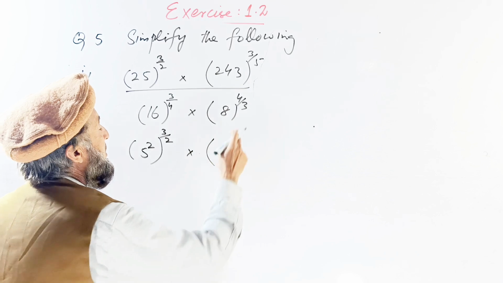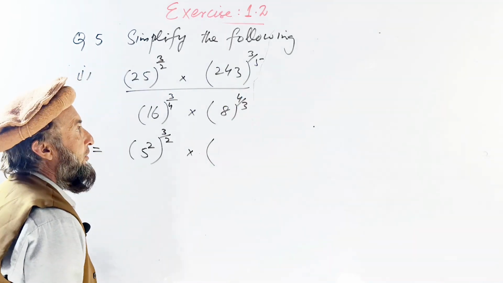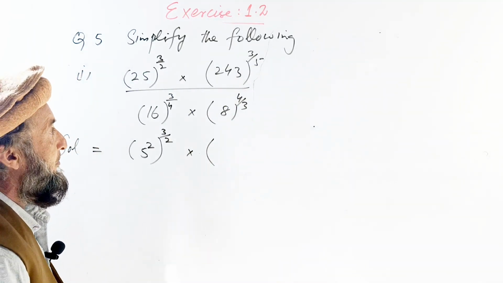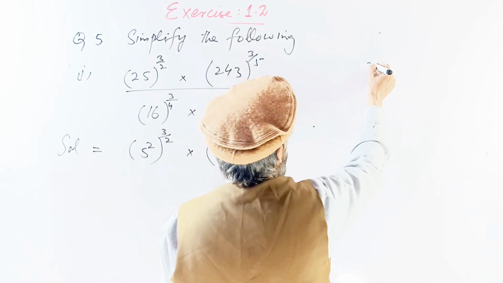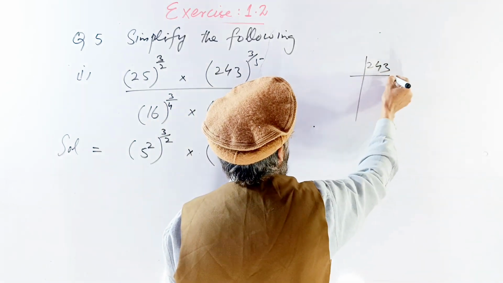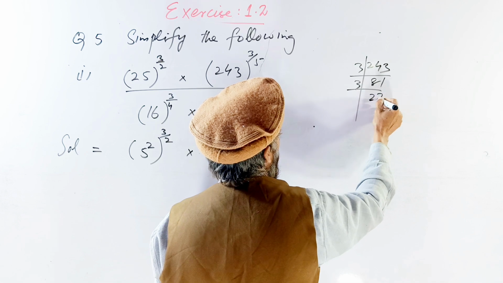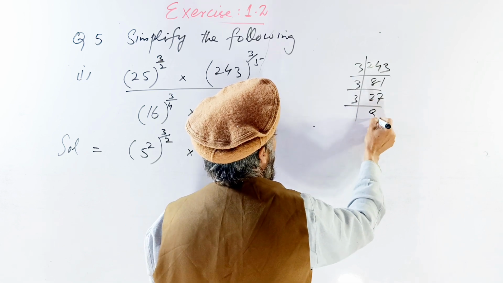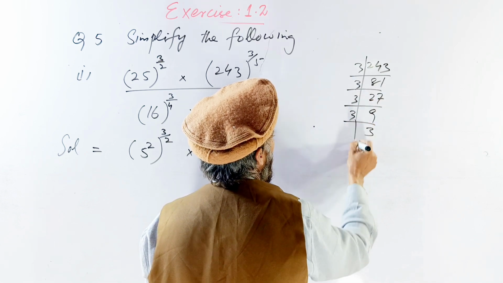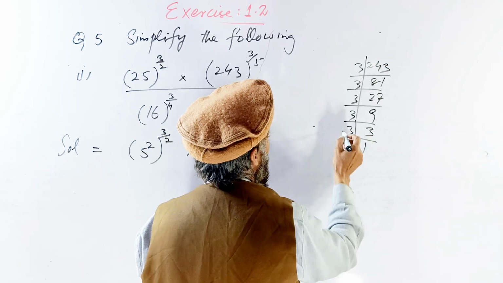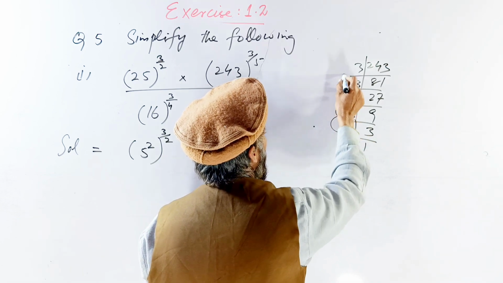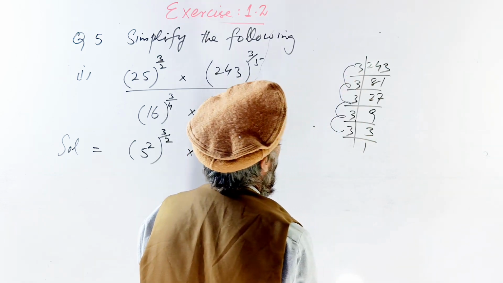Similarly, here is 5. If we take 243 and divide by 3, we get 81, then 27, 9, 3, and 1. It means 1, 2, 3, 4, 5.